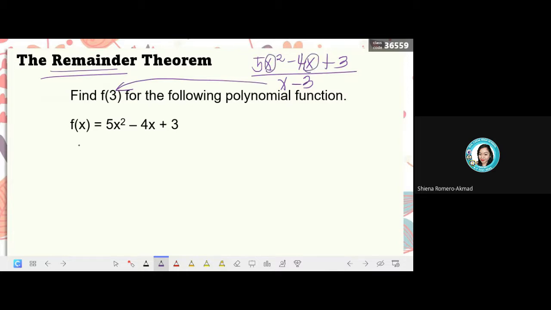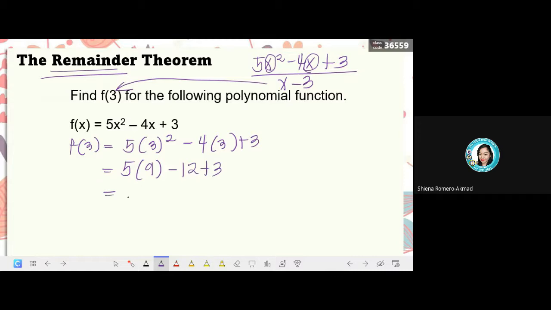So we have f of 3 is equal to 5 times 3 squared minus 4 times 3 plus 3. So that is 5 times 9 minus 12 plus 3, which is 45 minus 12 plus 3. Can you please solve what our f of 3 is?